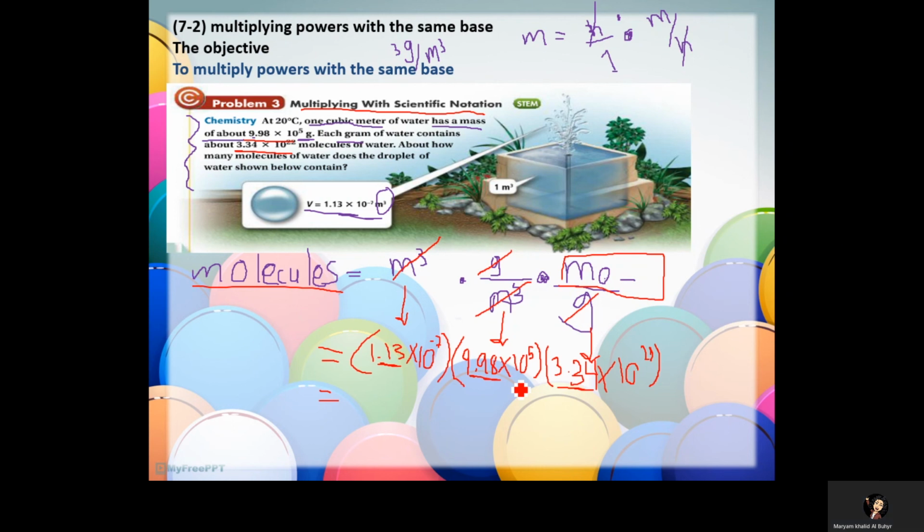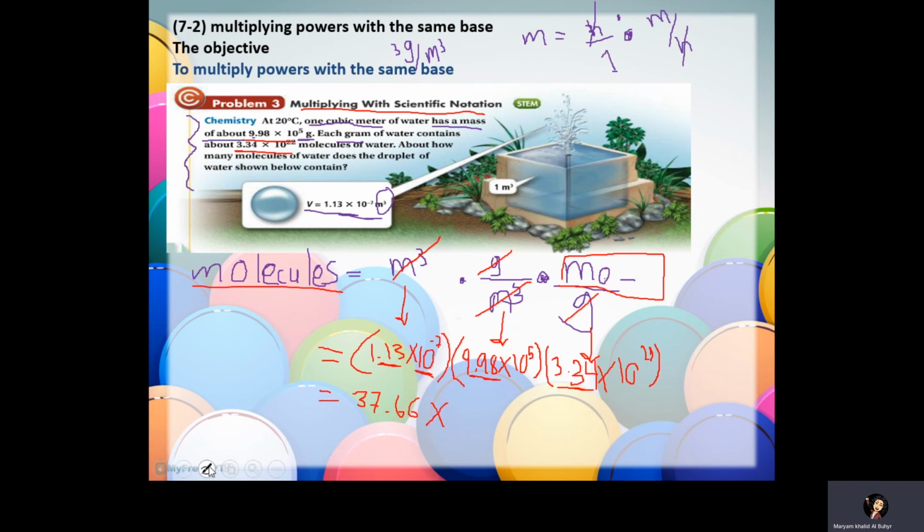Once you multiply them all, 1.13 times 9.98 times 3.34, that will give you a big and long number, 37.66, and many numbers after. You don't need to write them all. Times what? Now I will look at the 10s.